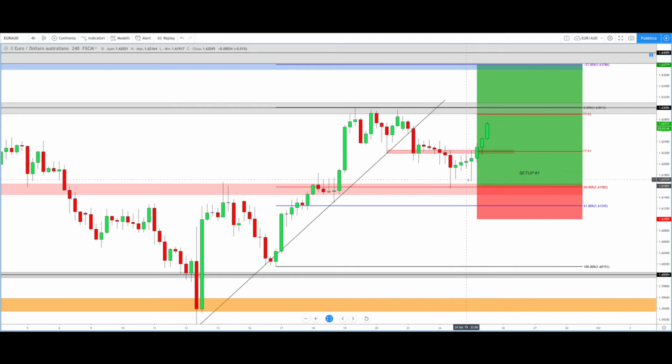So now after this perfect entry point, we need only to watch if the price will finally reach 1.64 or, after this first bullish phase, will search a correction before the new bullish phase. In this case, guys, we need to watch if the price will start a new bearish phase.